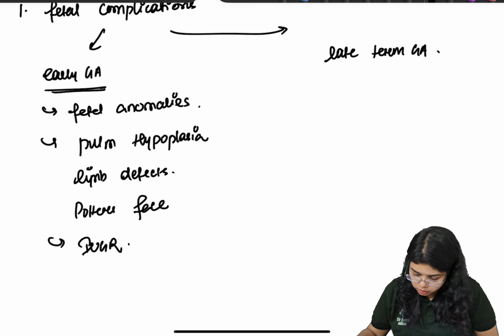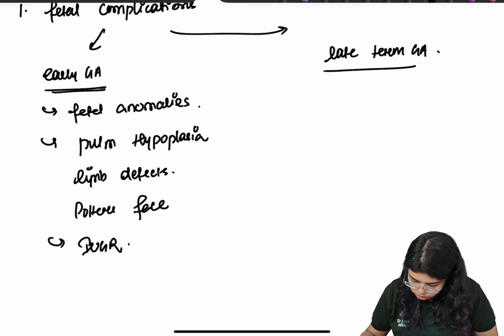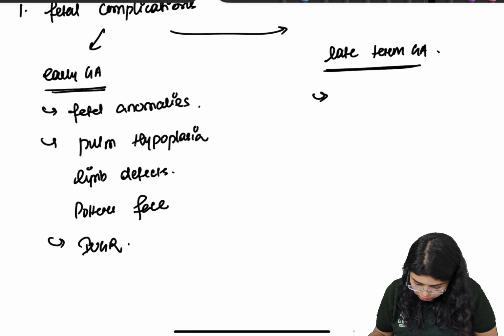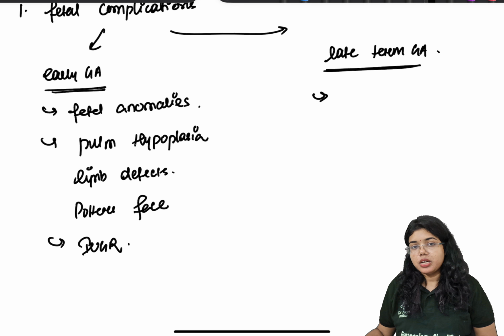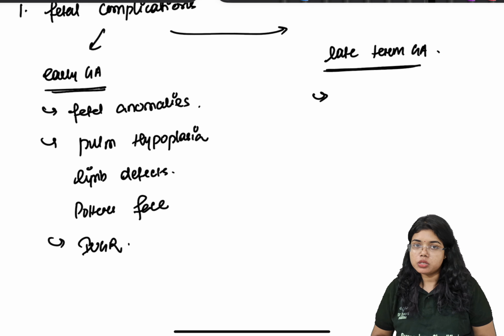Okay, and in late term gestational age, by this time the organogenesis is complete, so there is less chance of fetal anomalies, but when the liquor is reduced, there is more chance of cord compression, and that may lead to fetal distress or meconium aspiration syndrome.